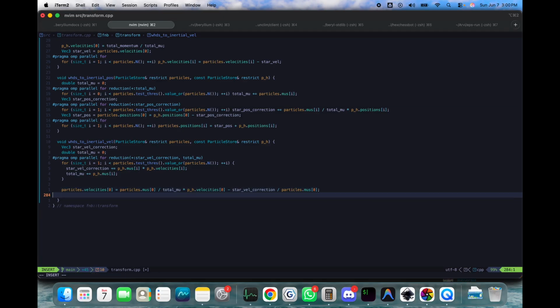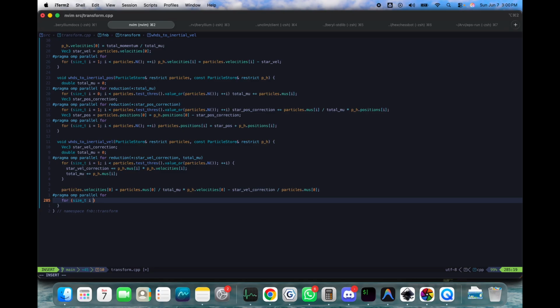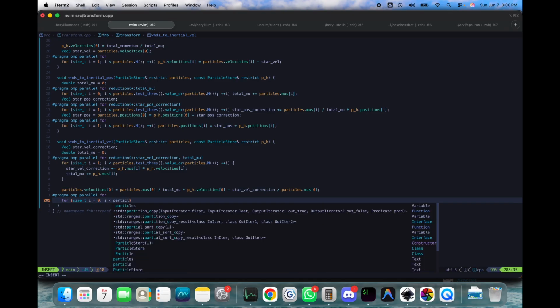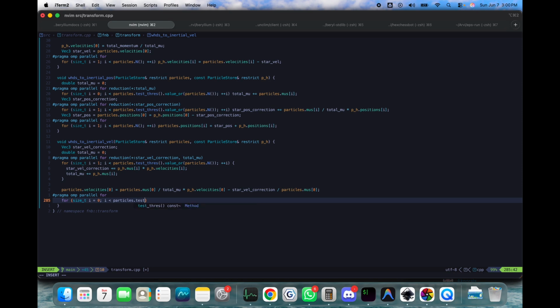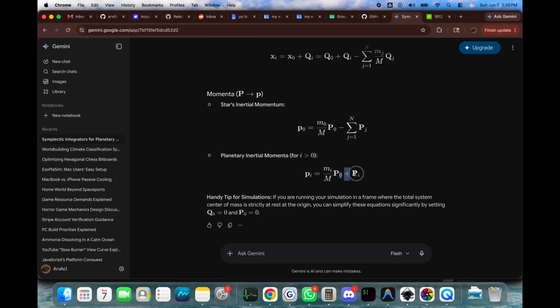Undo, now there was an accident. For size_t i equals 0, i is less than particles.n, actually not test stars plus i, and now this is trivial.